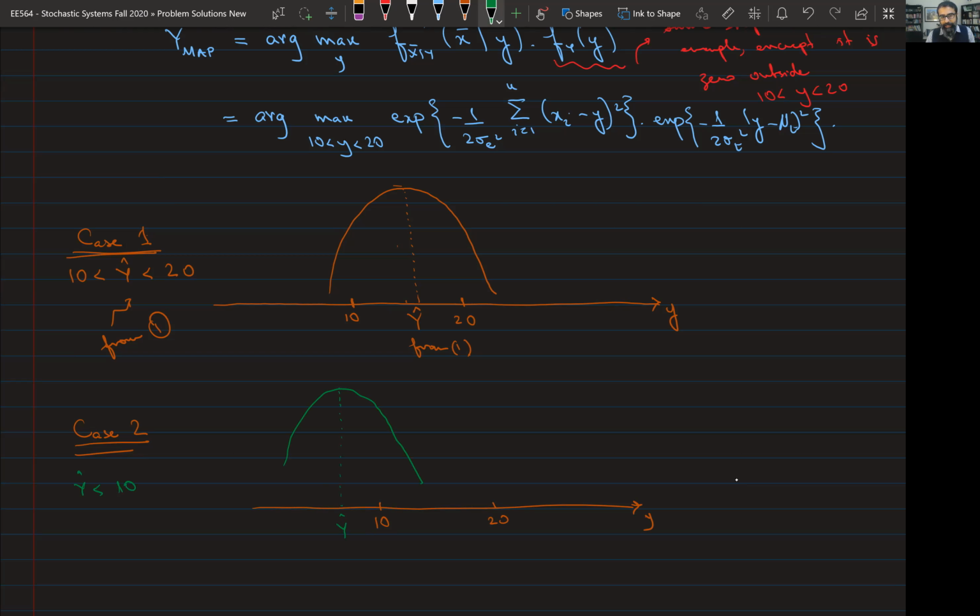Here we use the property of the concave function: after the point where the slope is 0, the slope is always going to be negative.